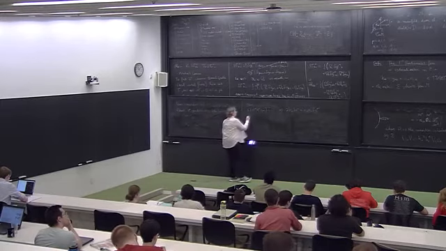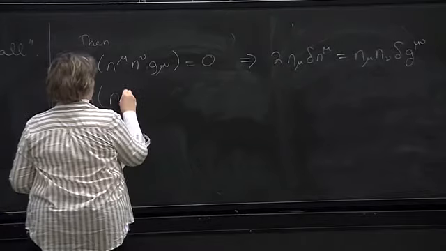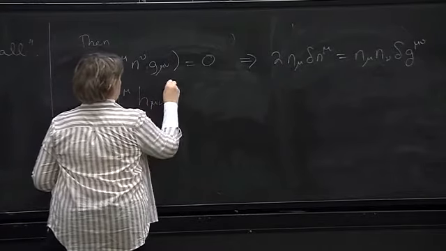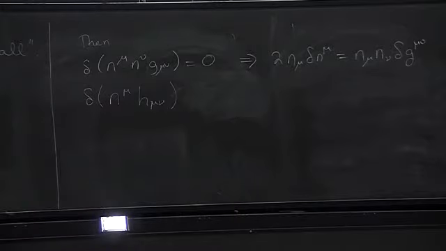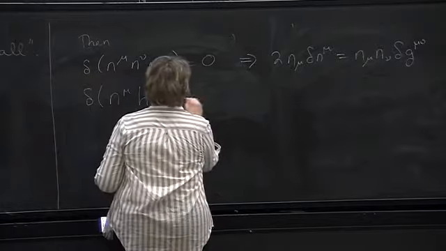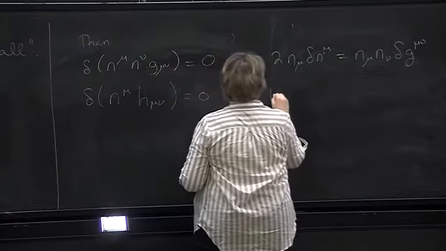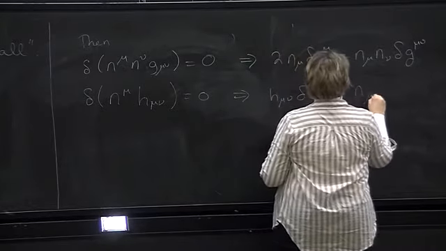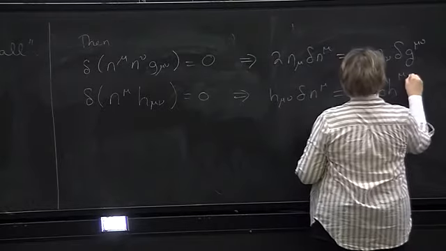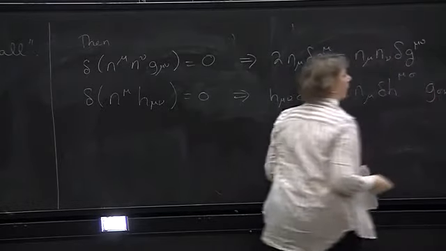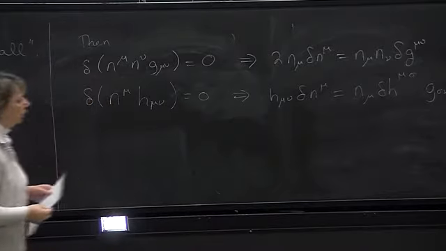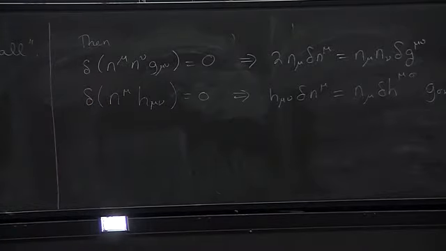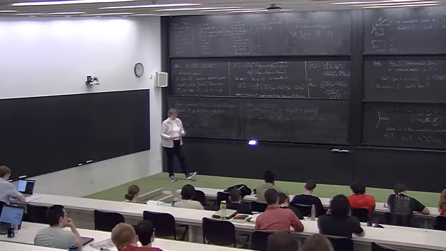I also need n to be a normal. So that means that n dotted with h has to remain 0. And that gives me a relation in terms of the parallel components of delta n and delta h.